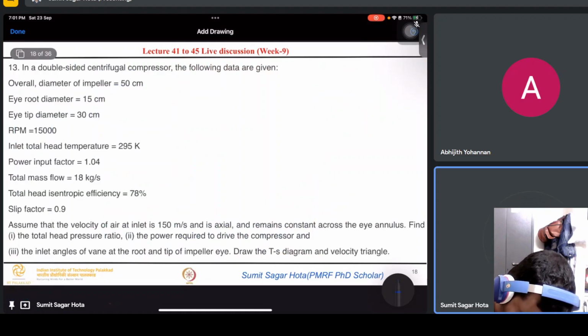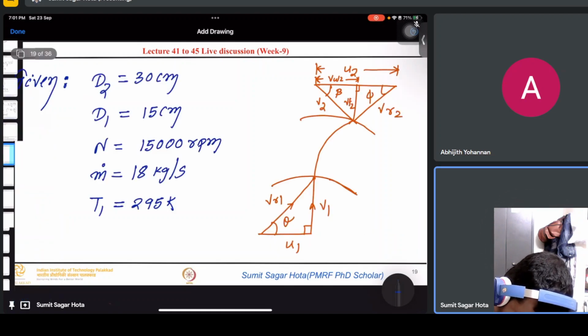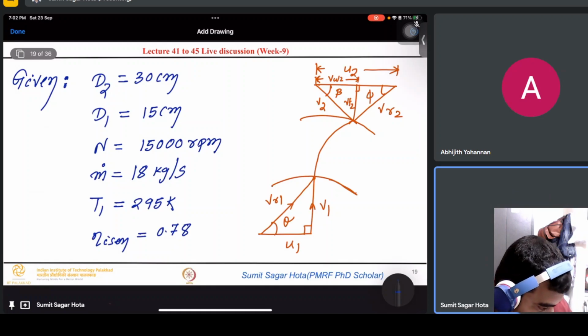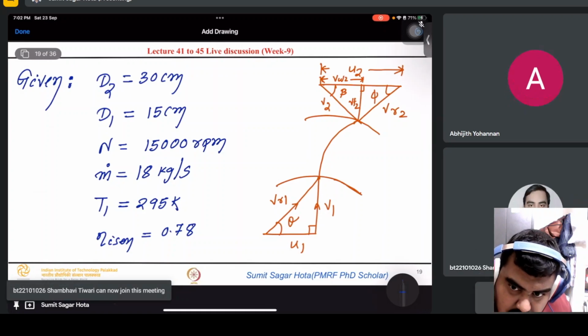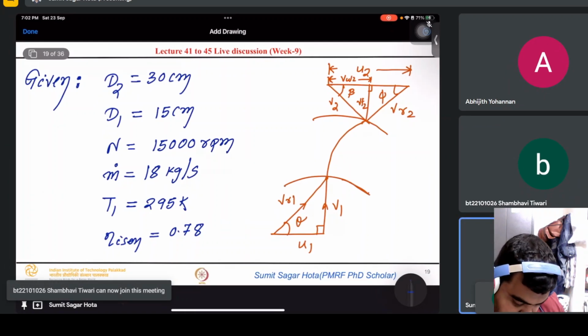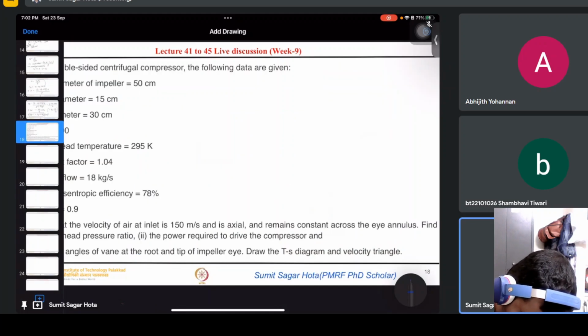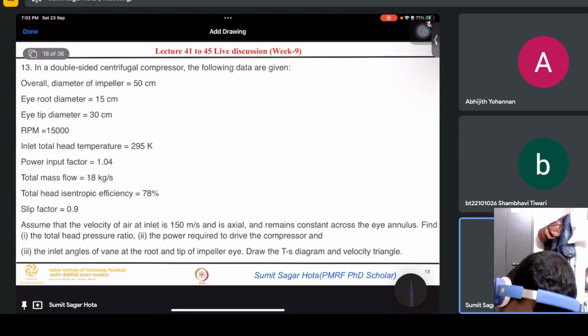Then total head isentropic efficiency 78%. Then what is the power input factor?